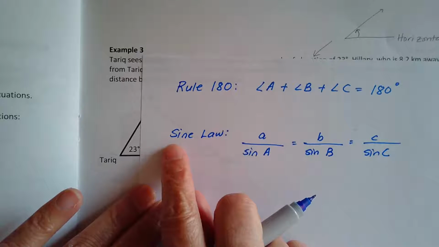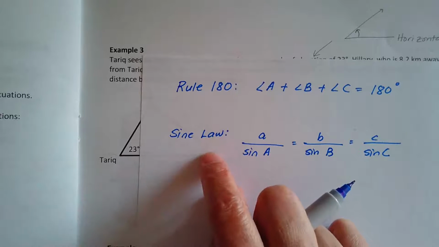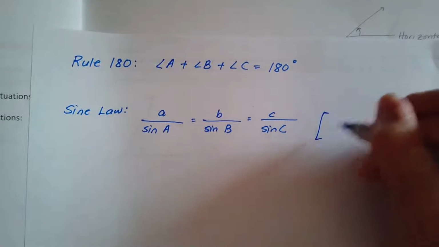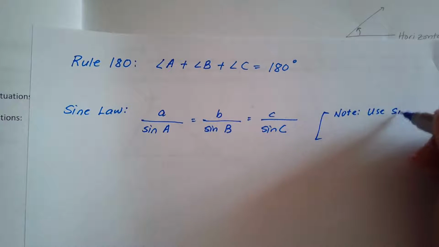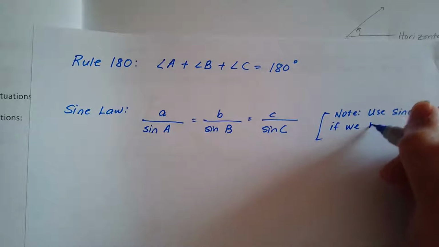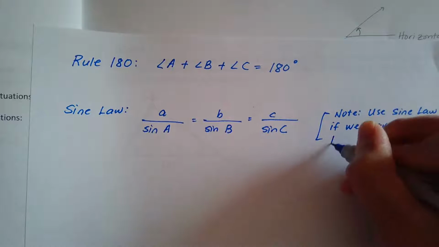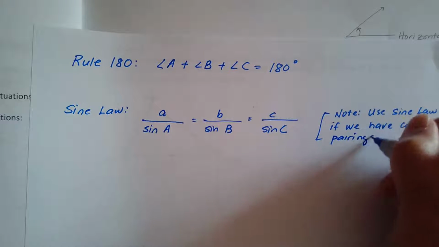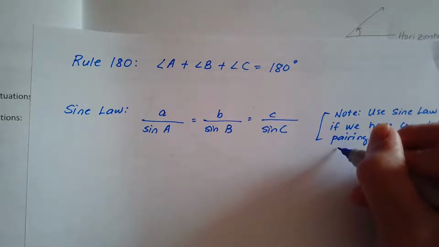Now, how do we know when to use sine law? I'm going to write it down here. Note: use sine law if we have complete pairings of side and angle.